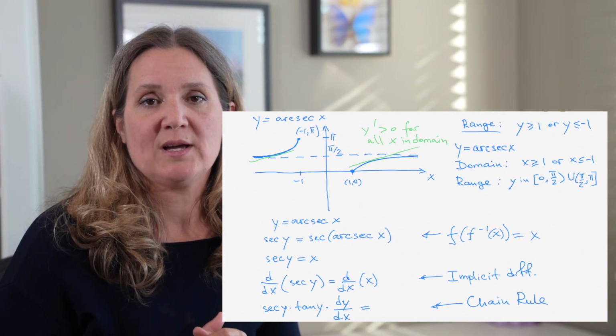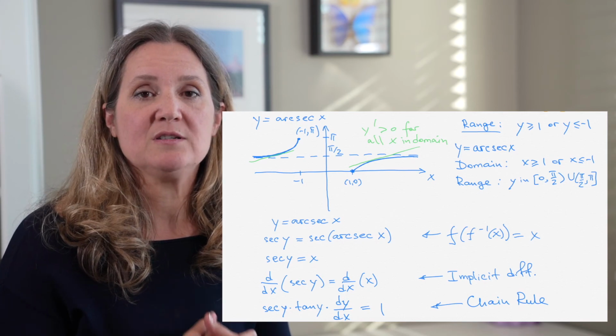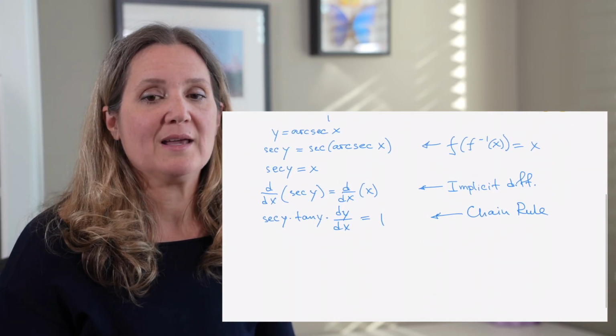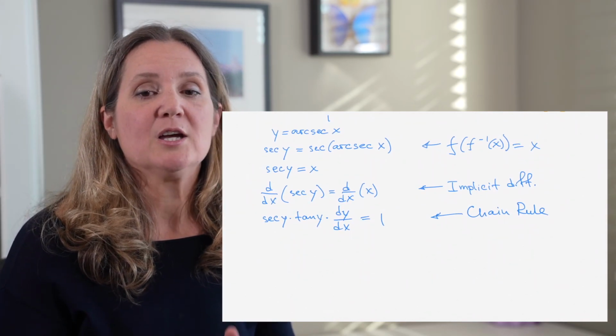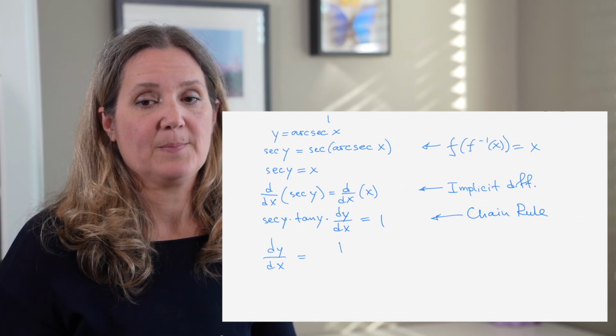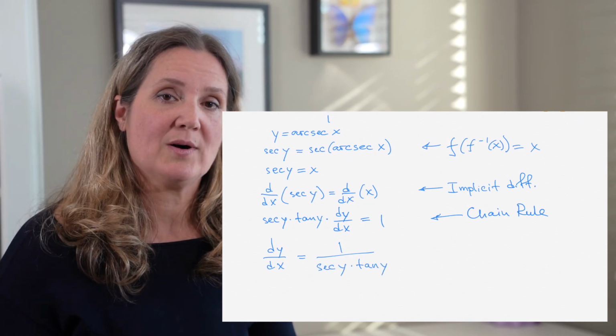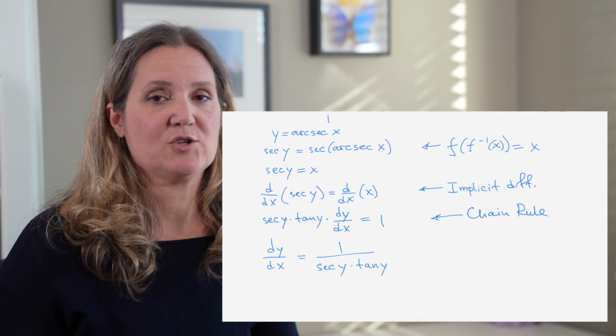We're looking for dy/dx, so dy/dx will stay on the left side of the equation and we'll divide by secant of y and divide by tangent of y to move the secant and tangent to the right side of the equation. Now we have the expression dy/dx equals 1 divided by secant of y times tangent of y.